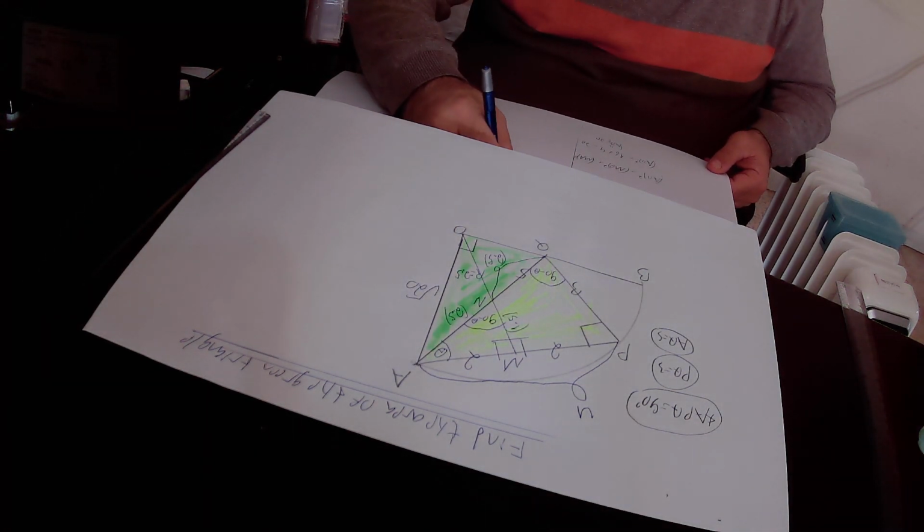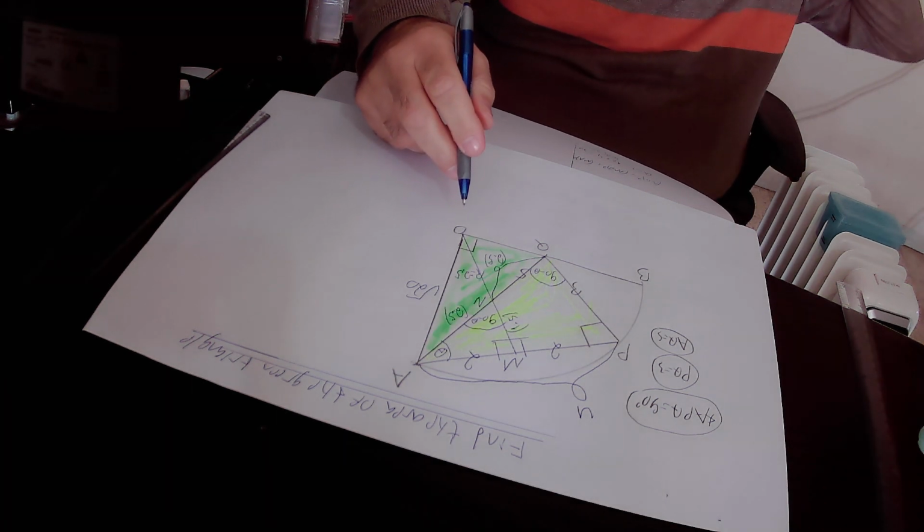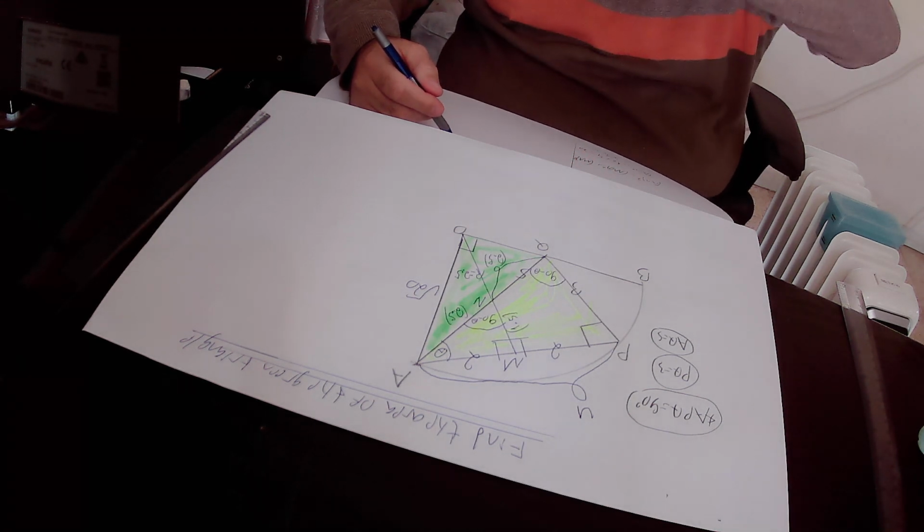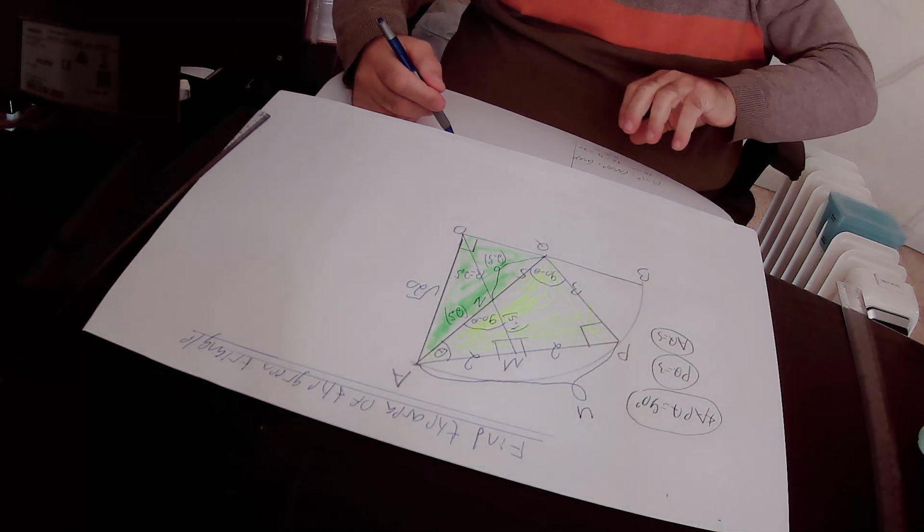In the next step, I will copy the right green triangle AOQ onto a new page and we will implement the Pythagoras theorem on it.